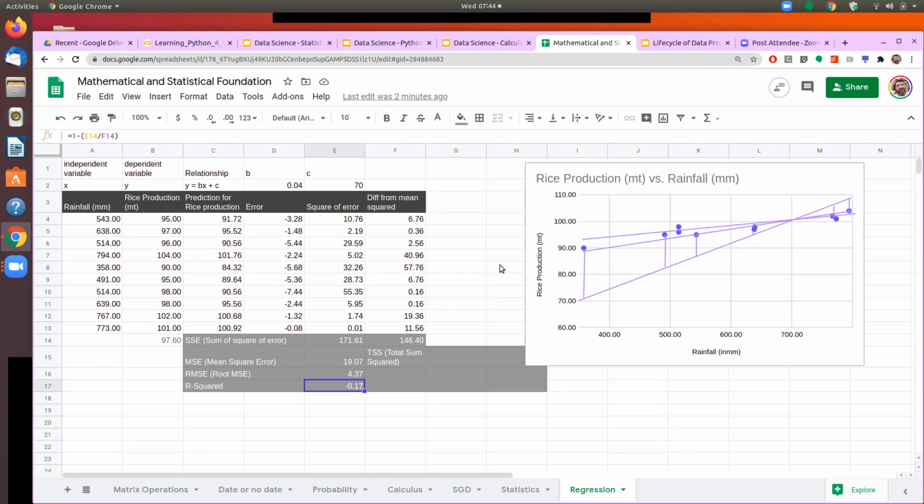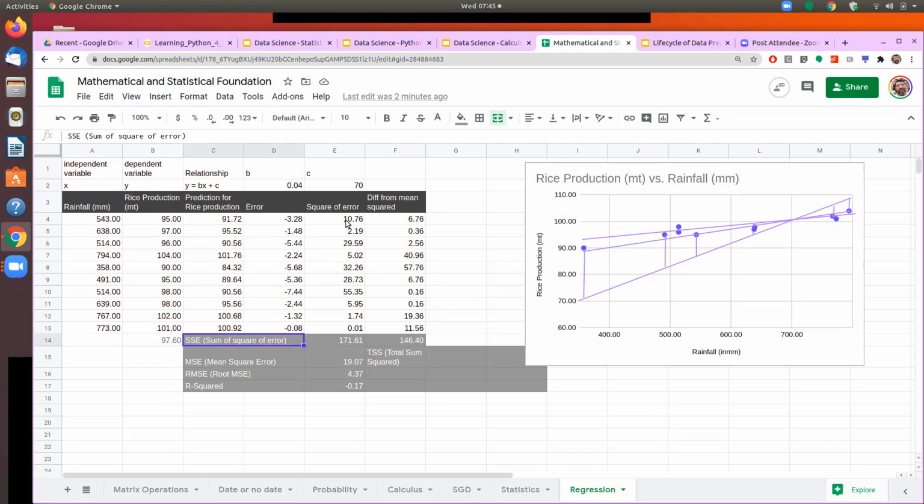And the terms themselves are more or less explanatory. So we first find out the error. Error is nothing but the difference between my prediction and the actual value. Then we take the square of the error, and then we take the sum. So this is the sum of the square of errors.